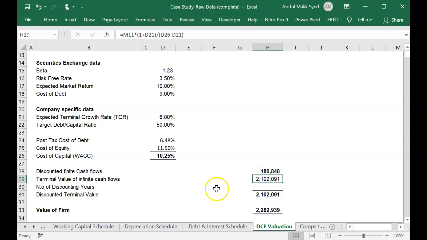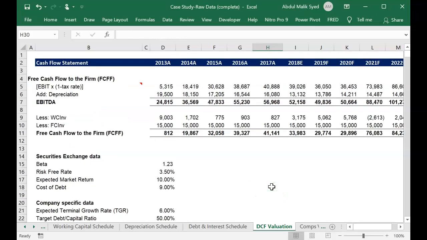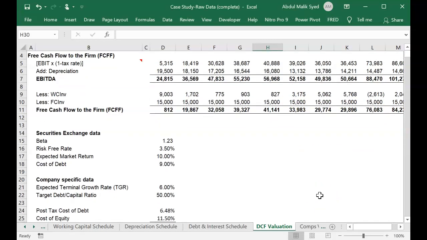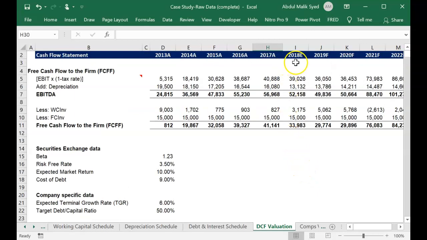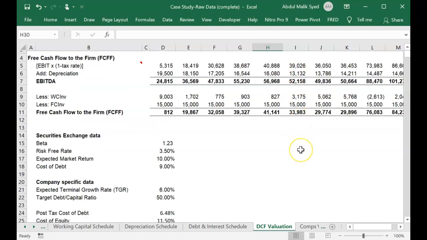Then the number of discounting years, how many discounting years we have. If we are assuming that we are investing at the beginning of 2018, so 1, 2, 3, 4, 5 years. If we are assuming that we are investing at the end or in between, then we need to take a fraction of a year, and then things will be different.